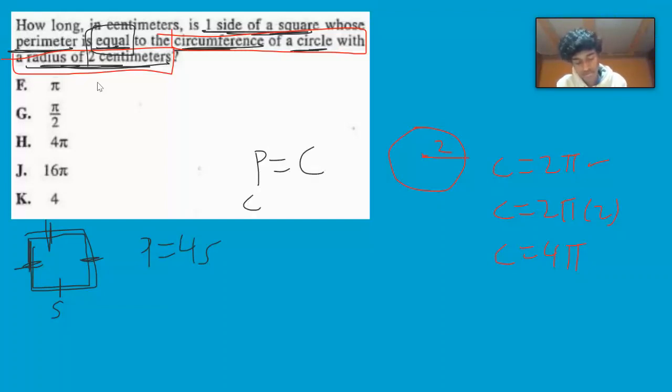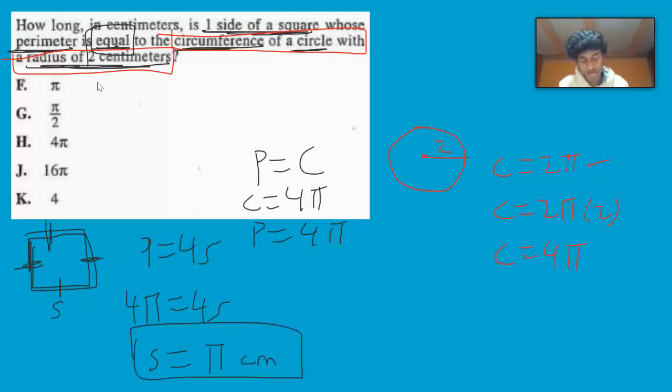Since circumference is equal to 4 pi, our perimeter must also equal 4 pi, because we are given that the perimeter of the square is equal to the circumference of the circle. So P is equal to 4s, and now 4 pi is equal to 4s. Dividing both sides by 4, we get that s is equal to pi centimeters. So our answer is choice F.